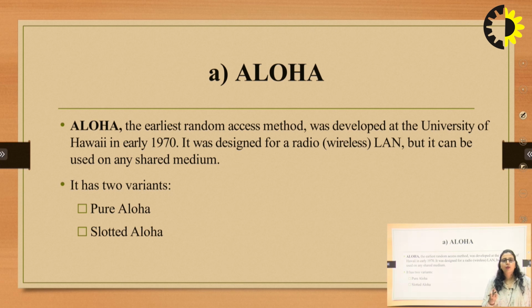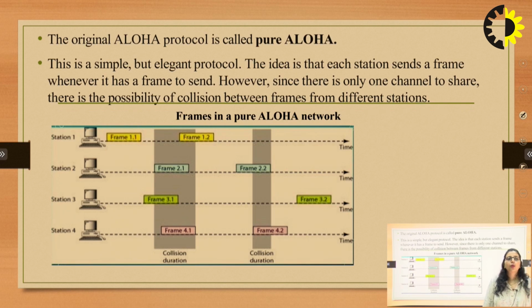In a wireless or radio medium, there is one mode of communication: only the speaker is sending the data, and no one else is sending. So this Aloha was used for transmission of data done in radio frequency. It has two variants, pure Aloha and slotted Aloha.